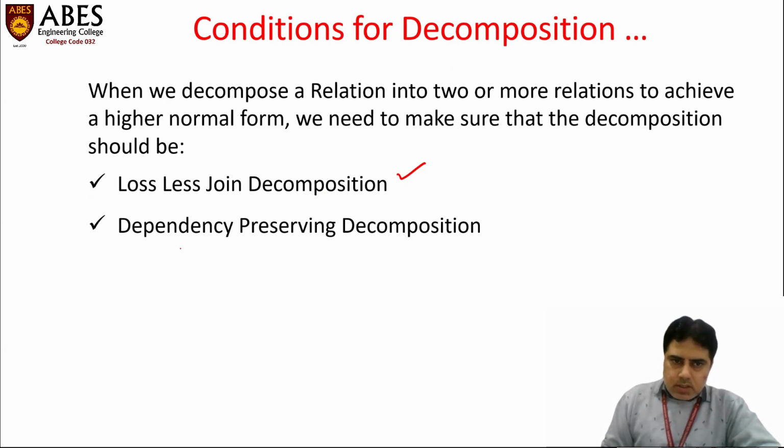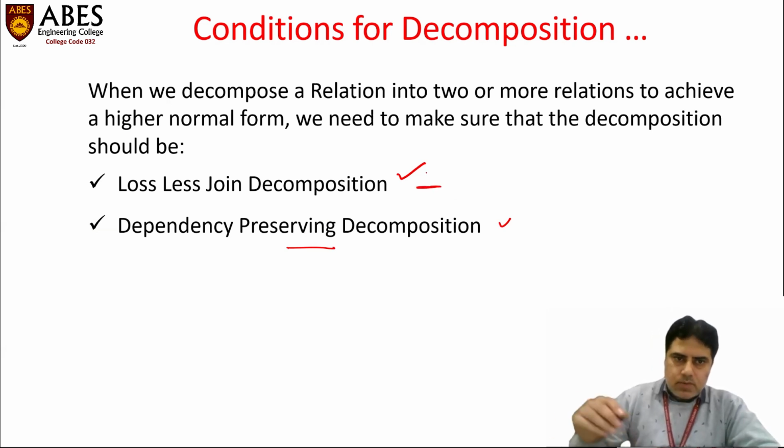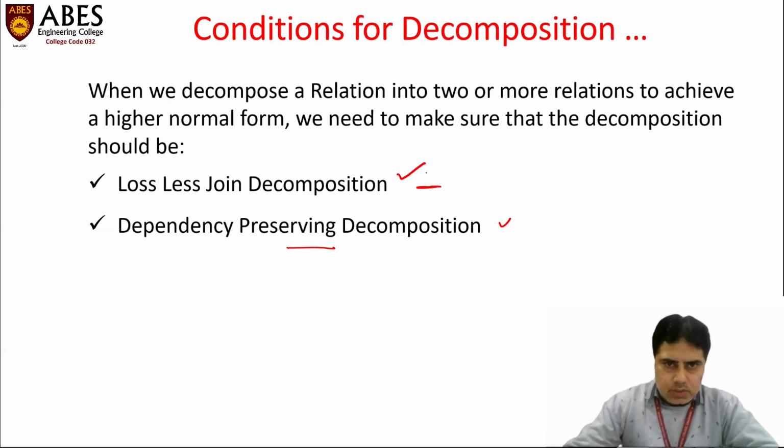And second, the decomposition should be dependency preserving decomposition. Later we will understand the concept of dependency preserving decomposition in the next video. So here we will understand the concept of lossless join decomposition.